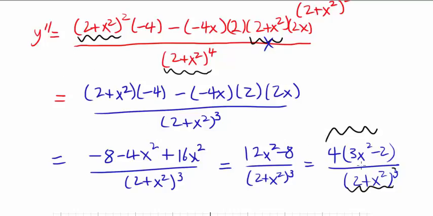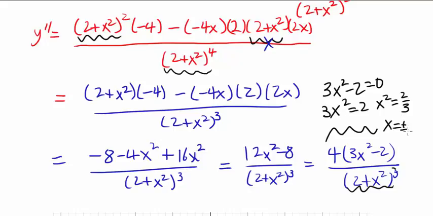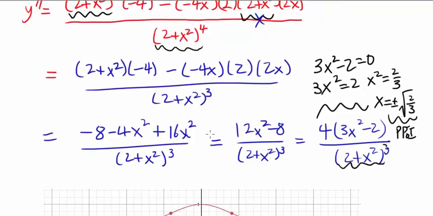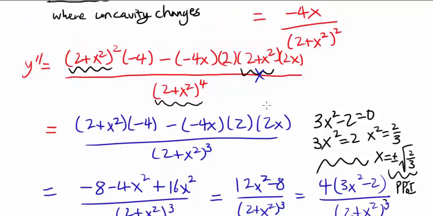Well, y double prime is going to equal 0 when 3x squared minus 2 is equal to 0, and this is going to occur when 3x squared is 2, x squared is 2/3, or when x is plus or minus the square root of 2/3. So this is a possible point of inflection. It doesn't have to be a point of inflection, but there's a chance that a point of inflection can occur at x equals plus or minus the square root of 2/3.